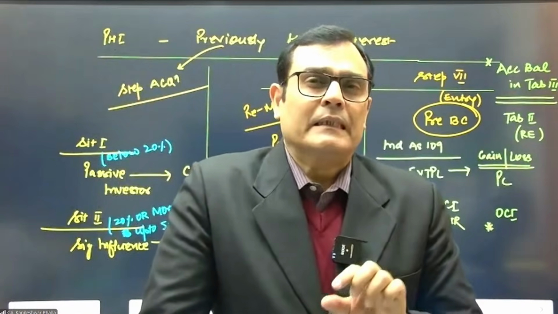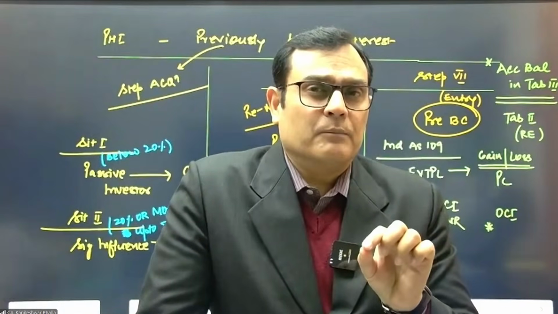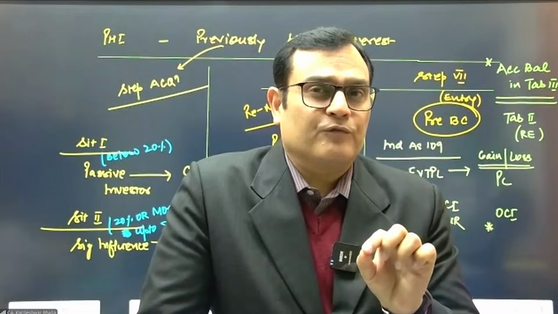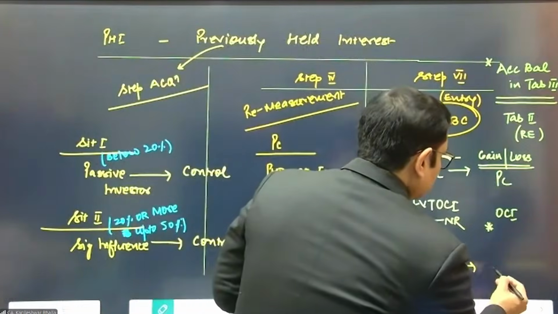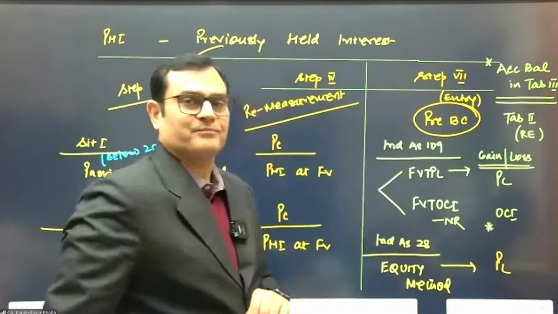Now, if there is a difference in the book value and the fair value of this equity accounted investment, it is going to be taken in the profit and loss.